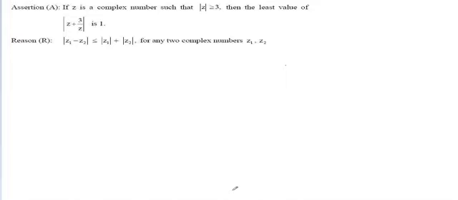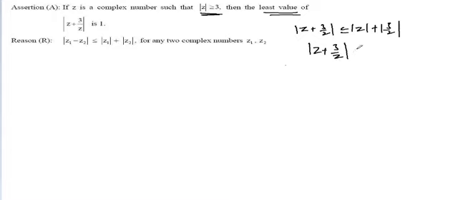Assertion A is given, that is Z is a complex number and mod Z is greater than or equal to 3. Then the least value of mod Z plus 3 by Z is dash. Here mod of Z plus 3 by Z is less than or equal to mod Z plus modulus of 3 by Z, that is 3 plus modulus of 3 by modulus of Z. That means the minimum value of modulus of Z plus 3 by Z is 3.